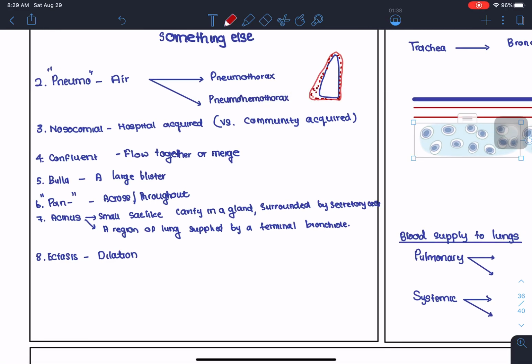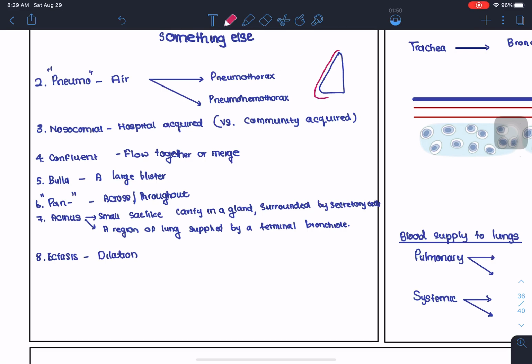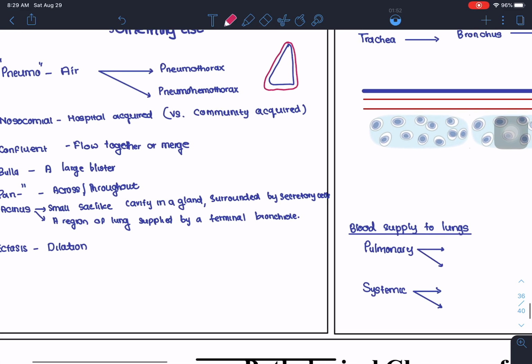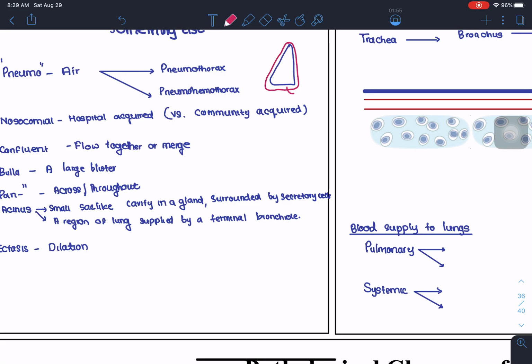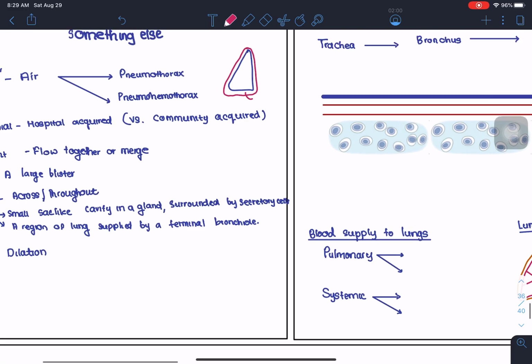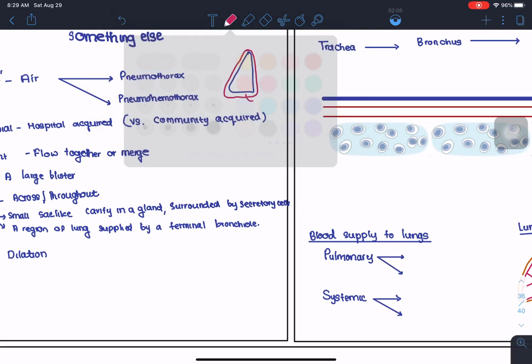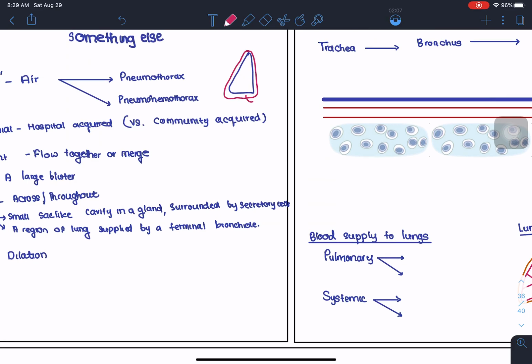So as you know, we have our lungs, and it is covered by the pleural space, the pleural cavity. This is the pleural space. And in pneumothorax, instead of the pleural fluid, you get air accumulated there. You have pleural fluid, but then air is leaking into that region. That is called pneumothorax.